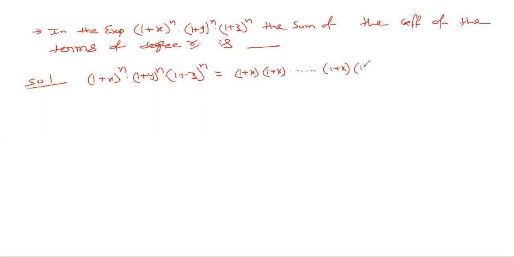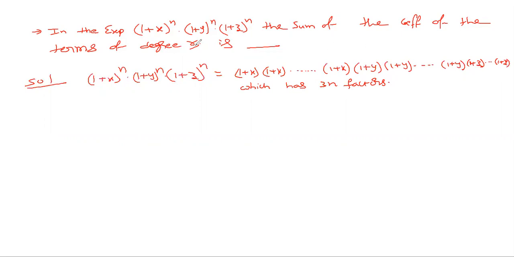In the similar manner, (1 + y)^n expands as (1 + y) into (1 + y) and so on up to n times, into (1 + z) into (1 + z) and so on up to n times, which has how many factors? 3n factors. Here we can observe 3n factors in this product.